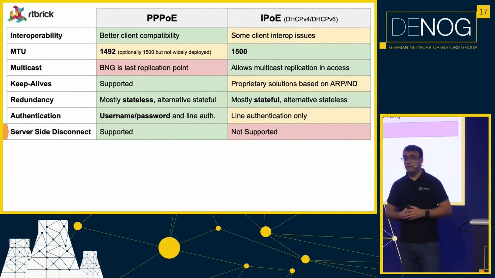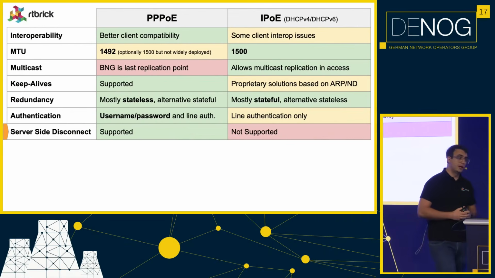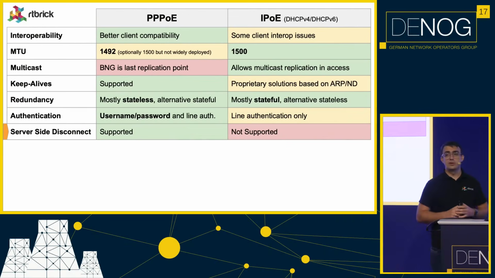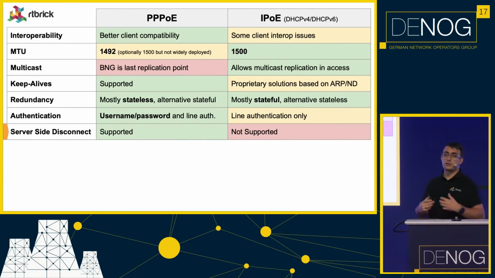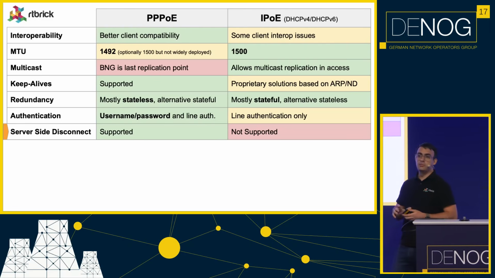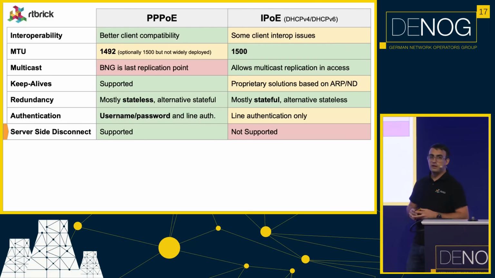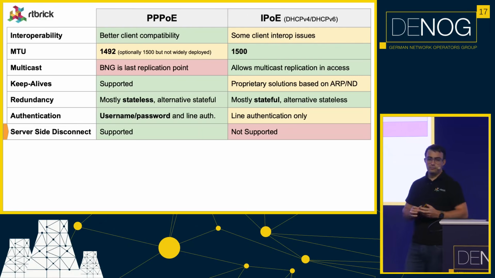And then there is something I really miss for IPoE. This is the server-side disconnect. Server-side disconnect means I, as an operator, am able to force the CPE to reconnect. This might be very important, especially for maintenance cases.